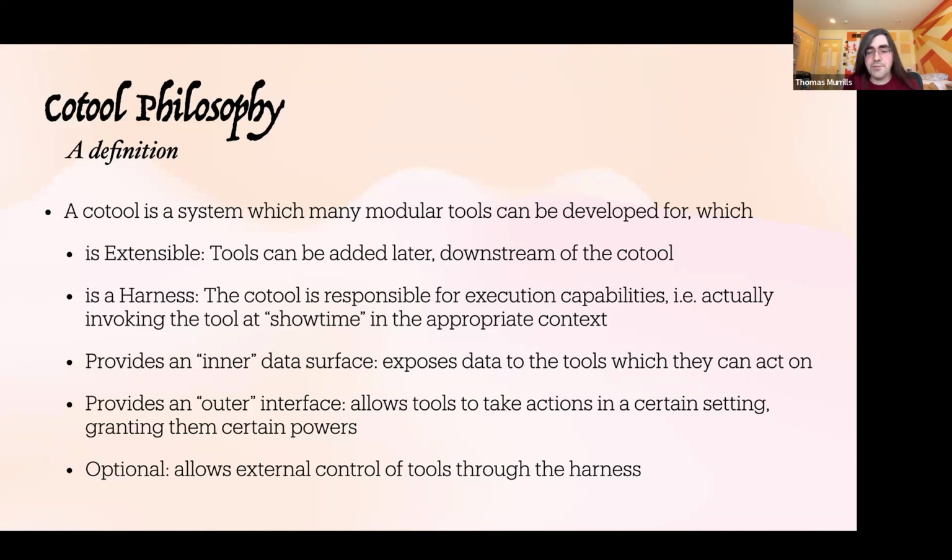It's a harness, the tool doesn't have to think about when it's run. It provides that inner data surface, exposing a certain interface to the tools that they can act on meaningfully, and an outer interface allows them to take certain actions in a computational setting so they have certain powers. And optionally, it's nice if the cotool allows external control of tools, such as which tools are active, through that harness.